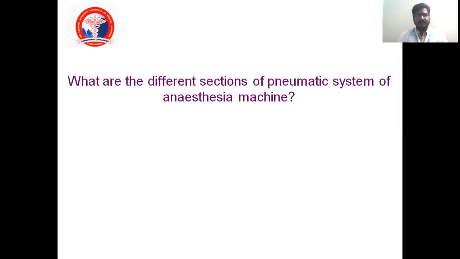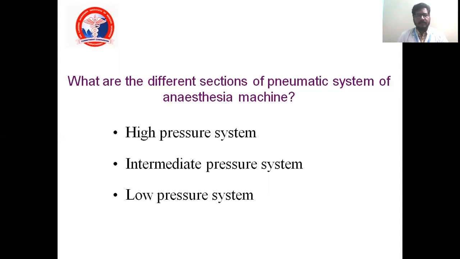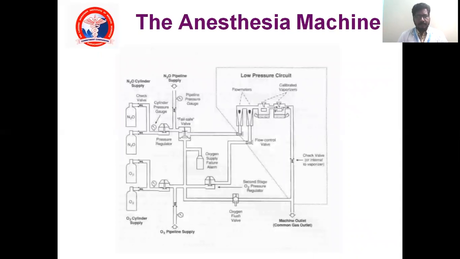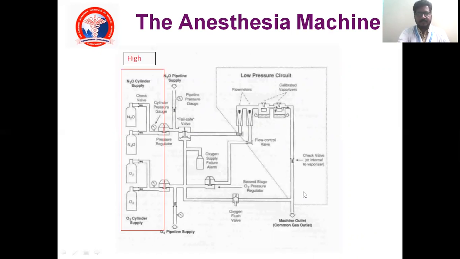Now, what are the different sections of the pneumatic system of the anesthesia machine? This is a very important aspect in the Boyle's apparatus and any other anesthesia workstation. It is classified into three major categories: high pressure system, intermediate pressure system, and low pressure system. This is the schematic representation of the anesthesia machine. As you can see here, this is the high pressure system, this is the intermediate pressure system, and this is the low pressure system.